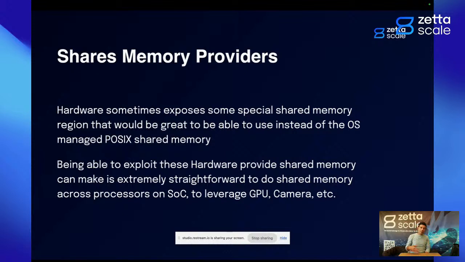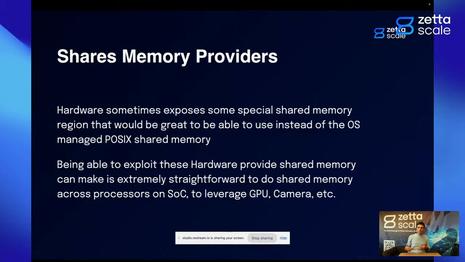Okay, the second example is, sometimes you have special hardware because maybe you have a system on chip with a processor and a microcontroller, and there are certain regions of memory that you can use to efficiently communicate between the microprocessor and the microcontroller. It's true that sometimes the vendor provides you with a Unix socket or TCP/IP stack implementation built on top of that shared memory, but that's kind of a pity, right?